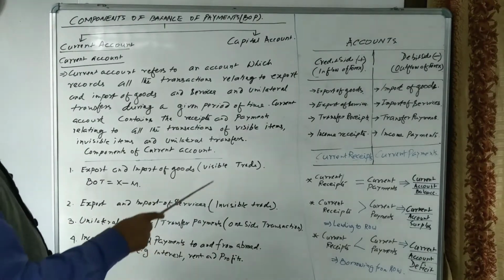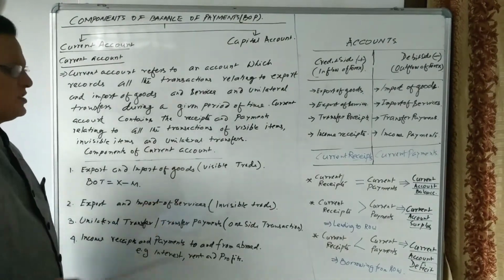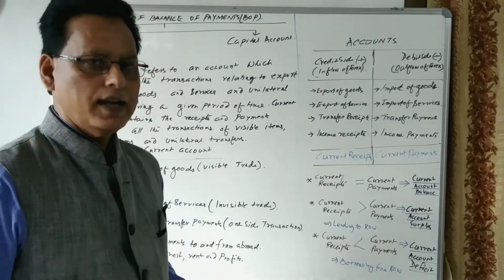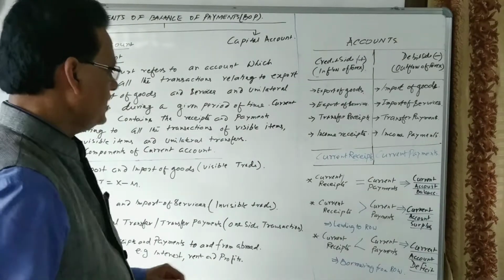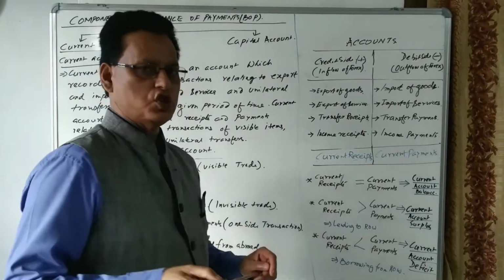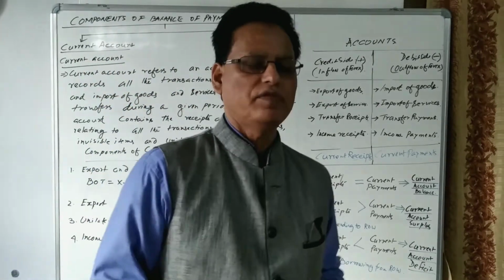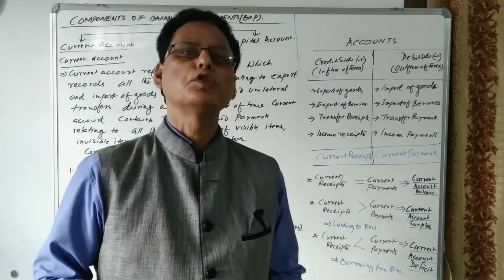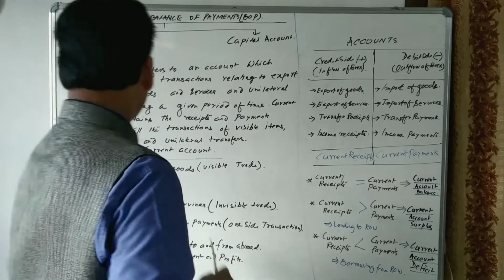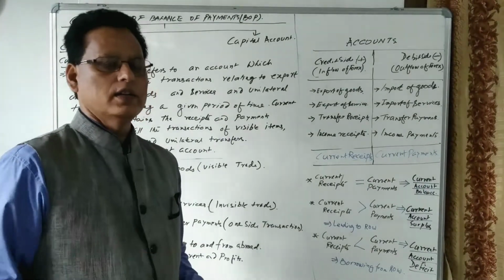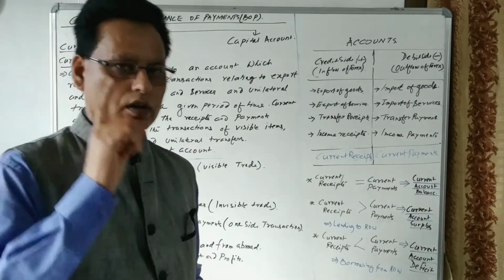This is called visible trade. This visible trade is also known as balance of trade. What is the meaning of balance of trade? Balance of trade is the difference between the value of export and value of import of goods. It means this visible trade includes only the import and export of goods.